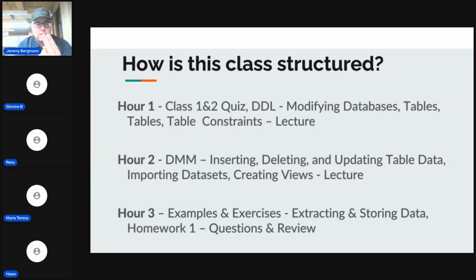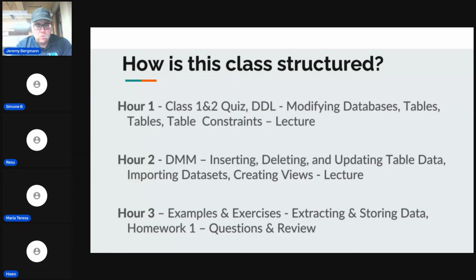How do you create tables to be able to fit the data that you need? And then table constraints, we'll learn about those tonight. So defining what type of data and then what are valid values of the data that you can insert into the table. That helps keep the data consistent and clean.